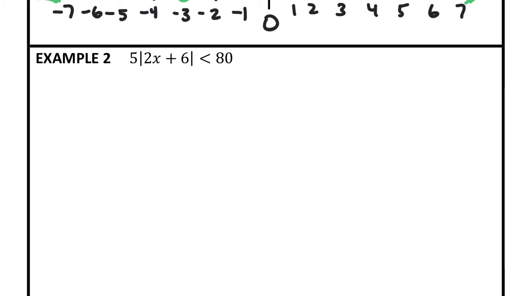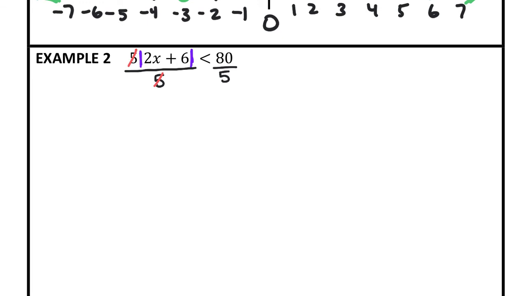Step 1, get the absolute value by itself. So I have the absolute values right here and right here. Is it by itself? No, right? There's a 5 next to it. So the opposite of multiplying times 5 is dividing. So it's going to cancel this one and this one.